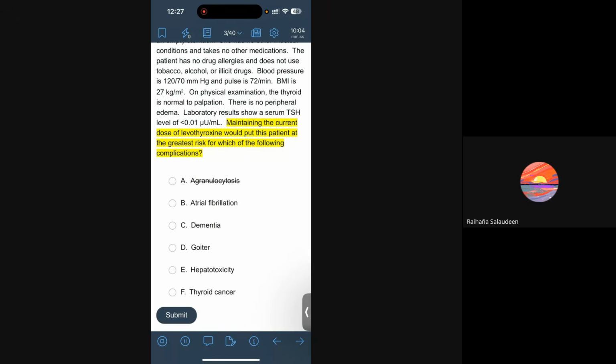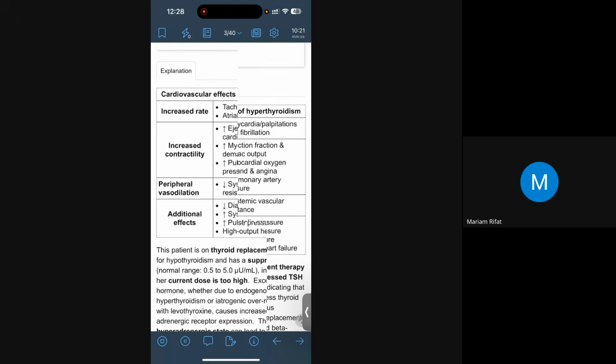Propylthiouracil, and also methimazole. Okay. So the right answer in this case is atrial fibrillation because hyperthyroidism can lead to atrial fibrillation. Okay. Remember this.